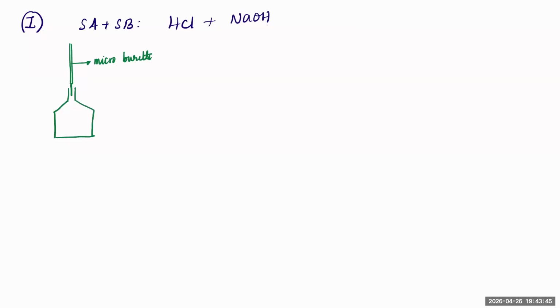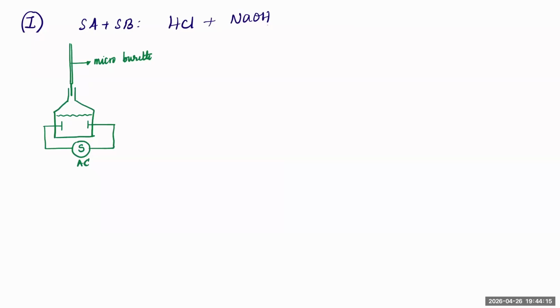And in the flask of HCl, the electrodes are connected like this to a source here, correct? And from here also they are connected like this. This is how they are connected. Okay. And this is usually an AC source, alternating current source.